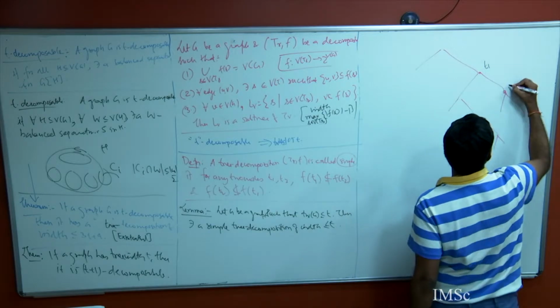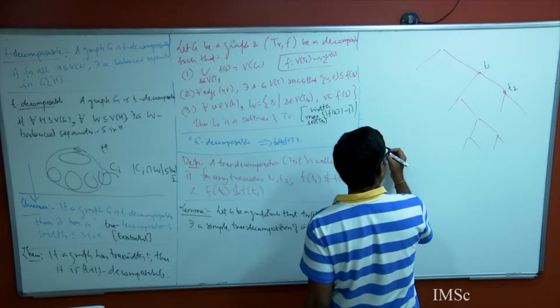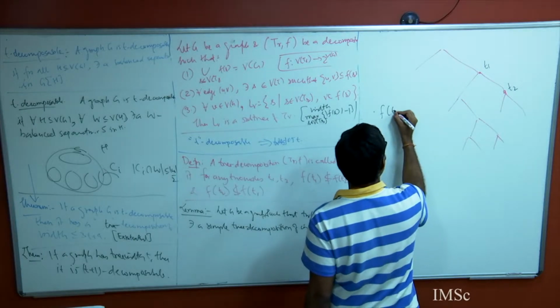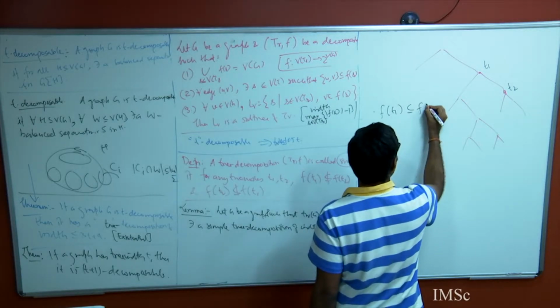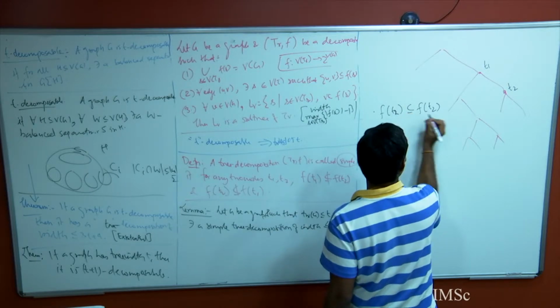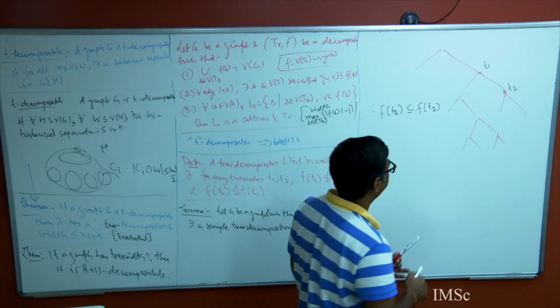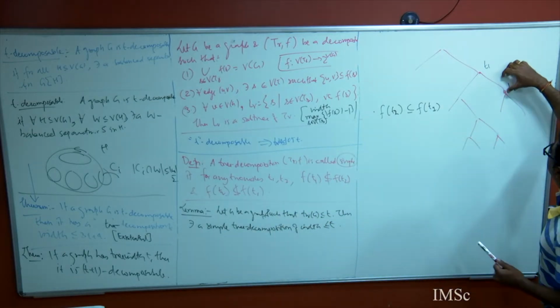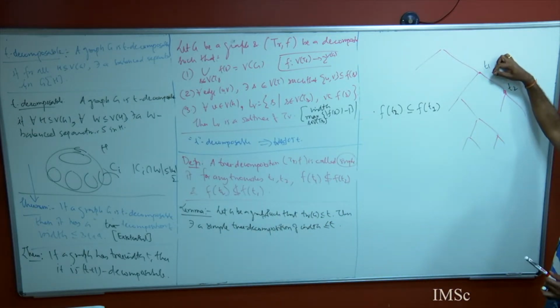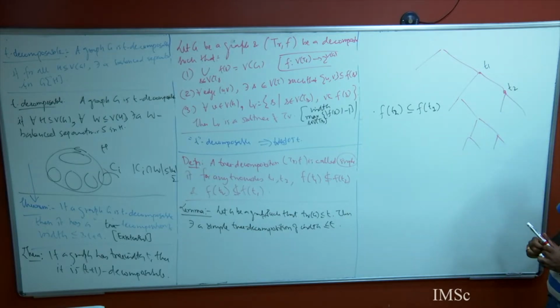Here is T1, here is T2, and suppose f of T1 is a subset of f of T2, or say f of T2 is a subset of f of T1. What can I do? What happens if I just contract this edge, right? I just contract this, I move this here, right?